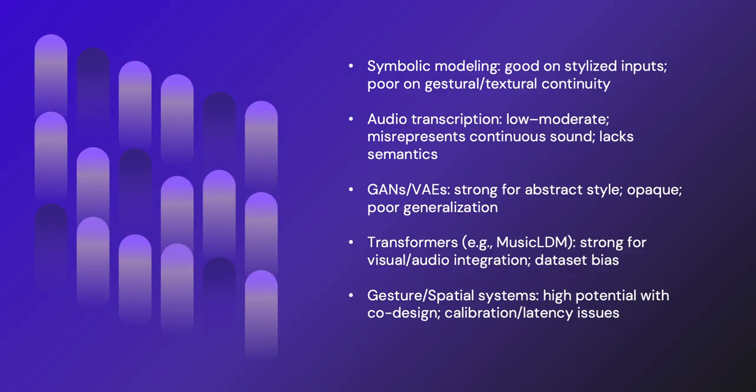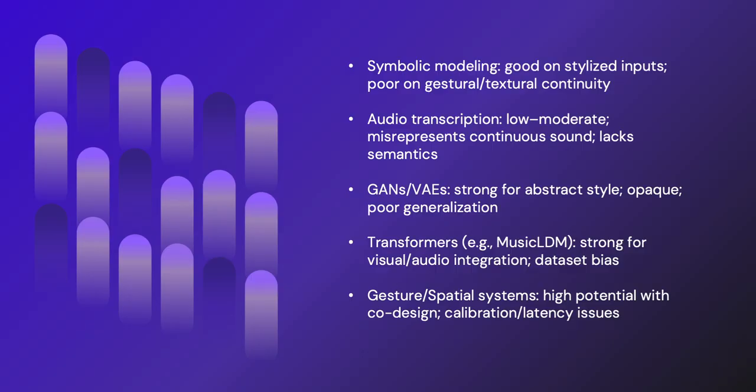Let me summarize the main techniques and their trade-offs. Symbolic modeling is strong when the input is stylized and discrete. It gives you structure and editability, useful for rehearsal. However, it often collapses continuous textures and embodied nuance into overly neat symbols.